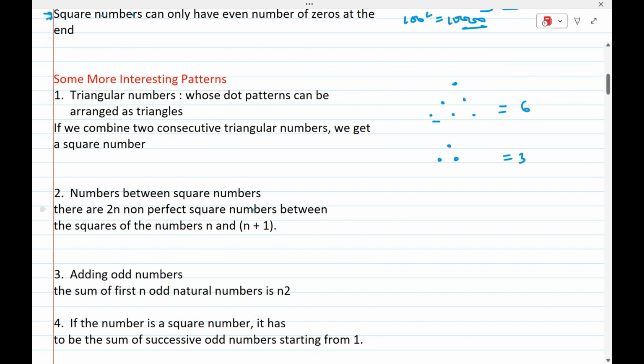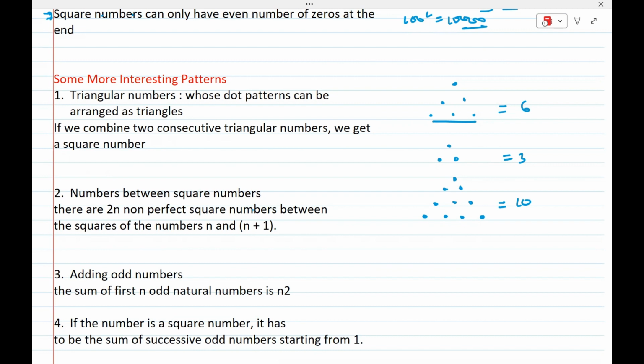Same way, if I take 4 dots, 1, 2, 3, 4, then here it will be 3, then 2, then 1. How many dots are there? 4 and 3 is 7, and 3 more is 10. So 10 is also a triangular number. Numbers whose dots can be arranged as a triangle are triangular numbers.